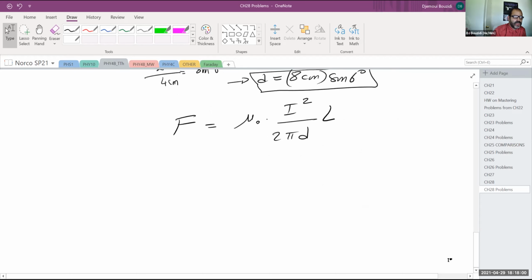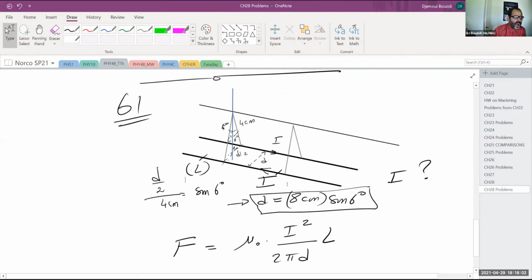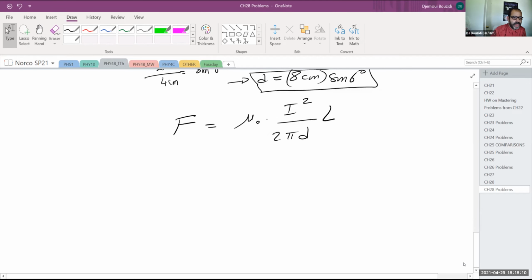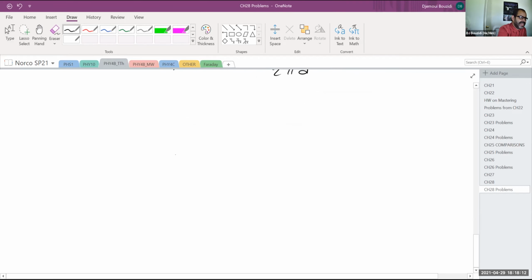So far we have analyzed all of the problem. Now let me take any wire of these two and look at it from a statics perspective. I'm going to take a segment of length L of this wire.